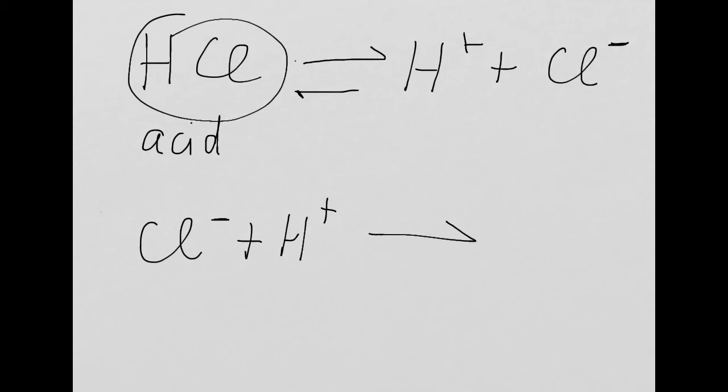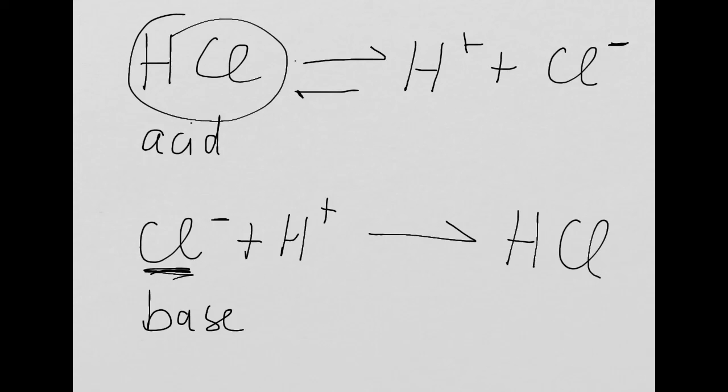What is this chloride here? It's a negatively charged ion, but it accepts a proton, doesn't it? So in this case, it would be a base. So if something accepts a proton, it's a base. If something donates a proton, it's an acid.